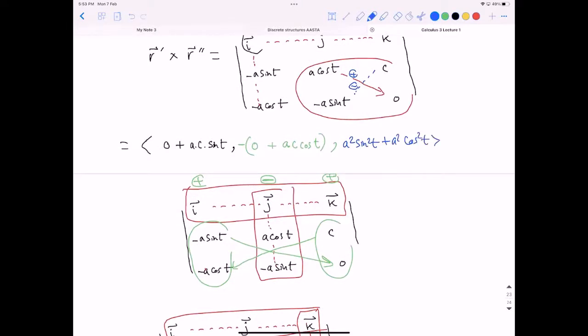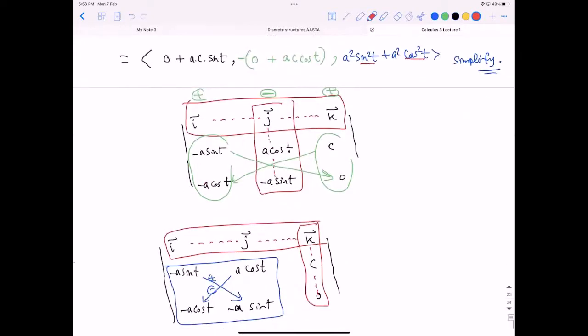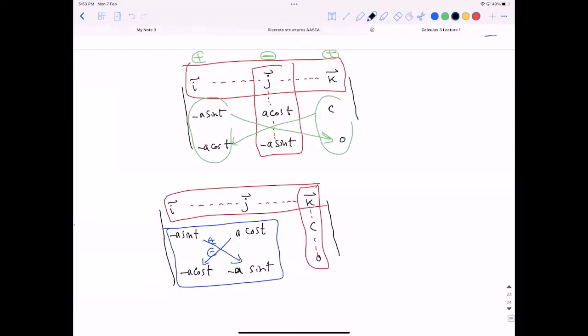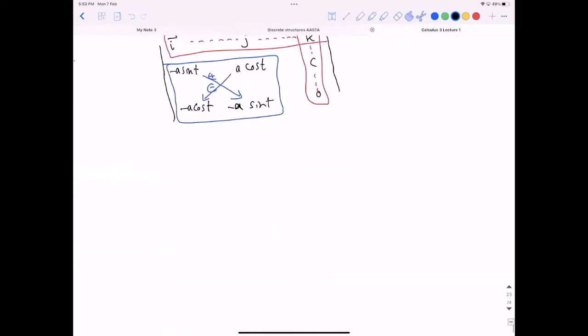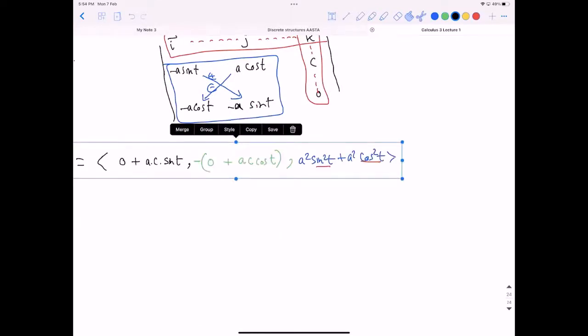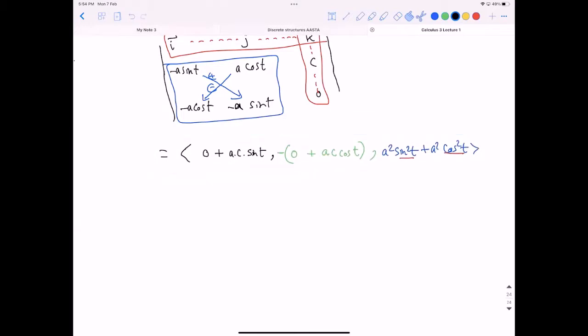Then we get the magnitude of. Yes, first of all, simplify first, before the magnitude. If we take A as a common factor, here we have sine squared plus cosine squared, the usual simplification. So it will be 1. So A times 1.